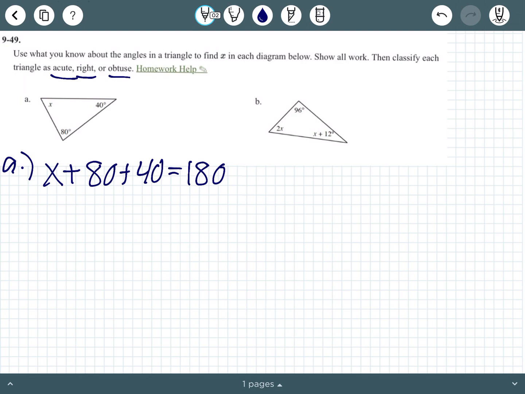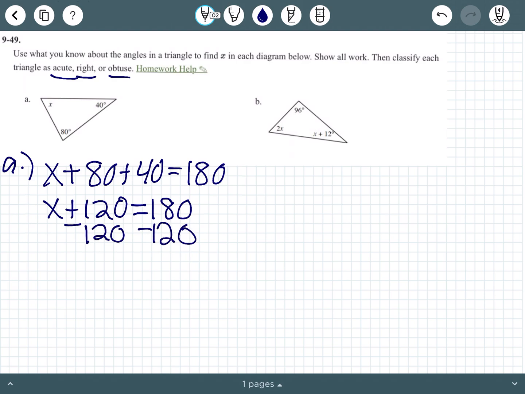Now to simplify the left side, we could say x plus 120 equals 180 degrees. Now I can subtract 120 from each side, and I would get x equals 60 degrees. Don't forget your degree symbol. We do want that when we are speaking in terms of angle measurements.